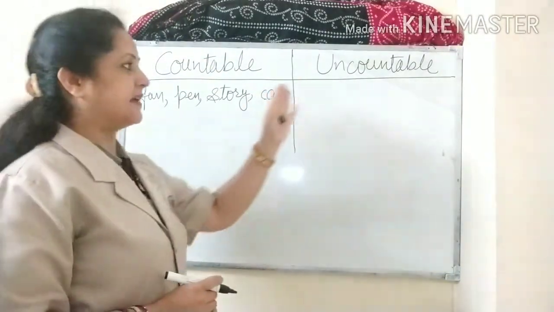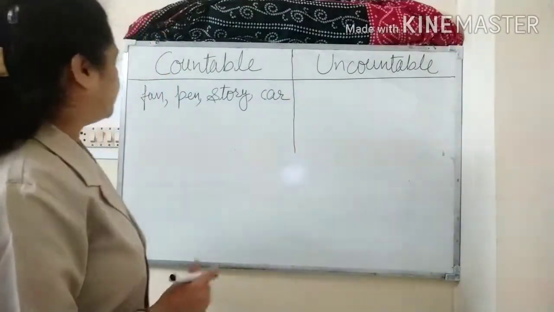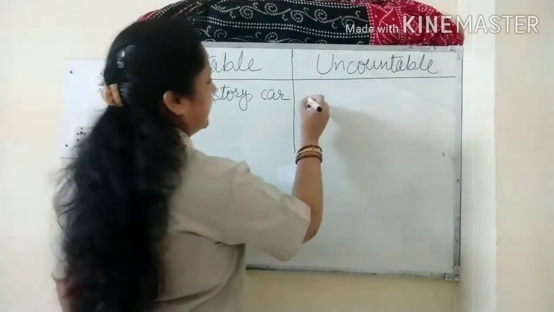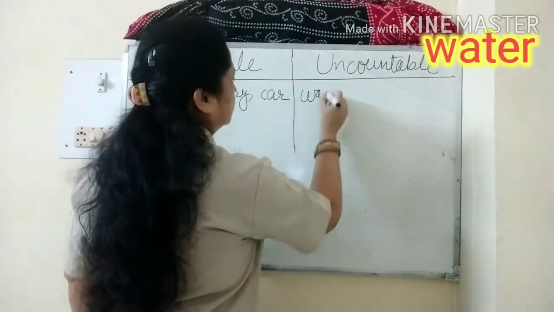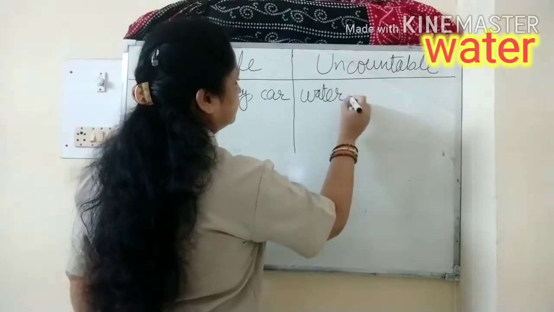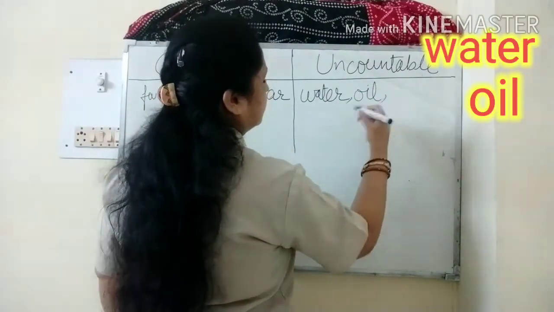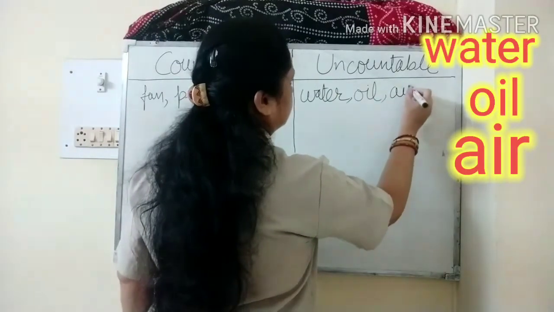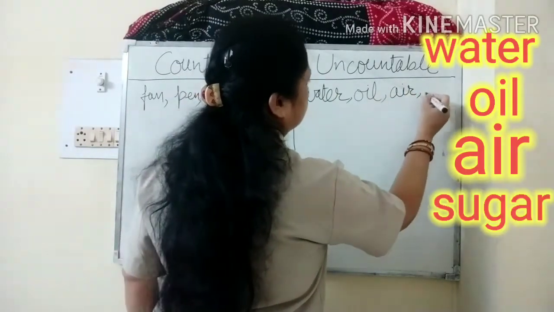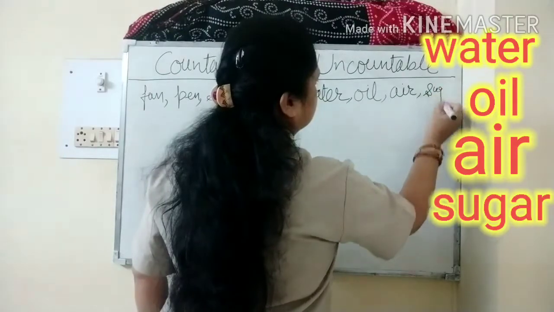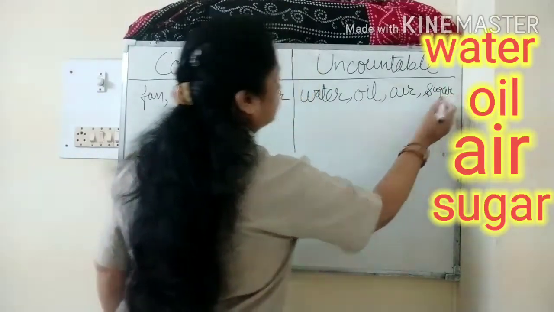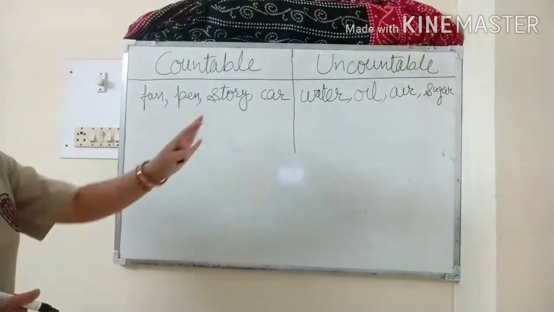Now I will write the examples of uncountable nouns. Just like I am writing here, water, oil, air, sugar. All these are the uncountable nouns.